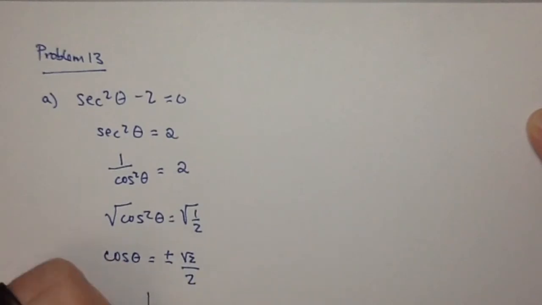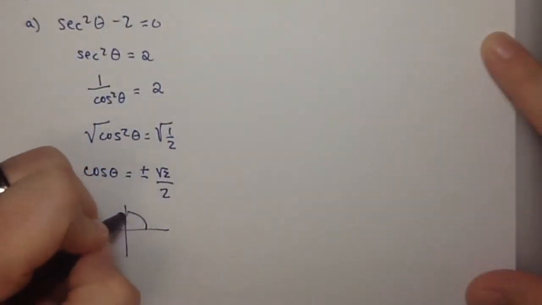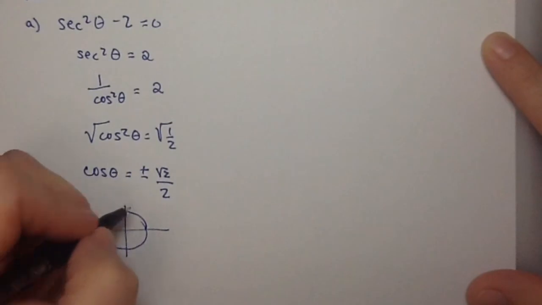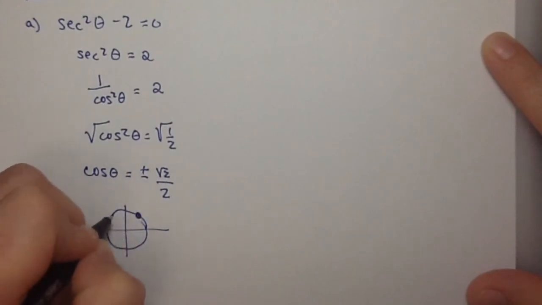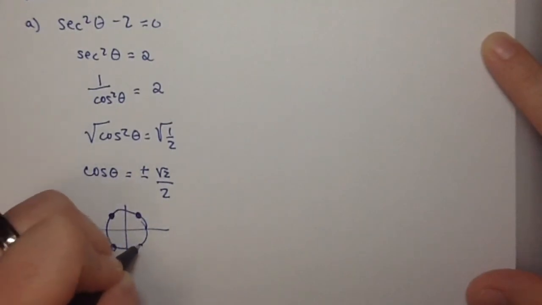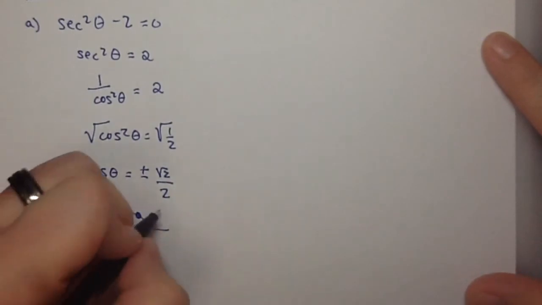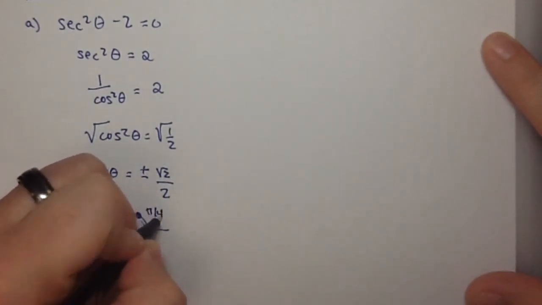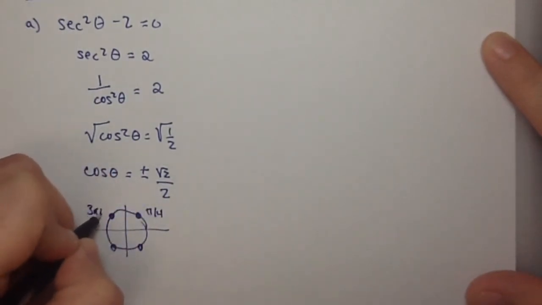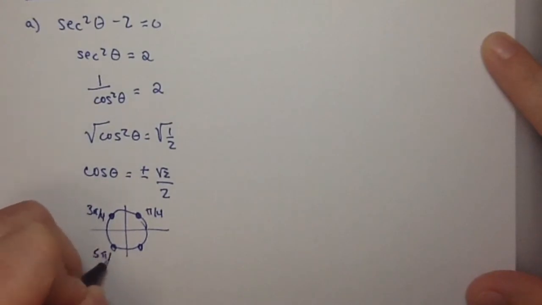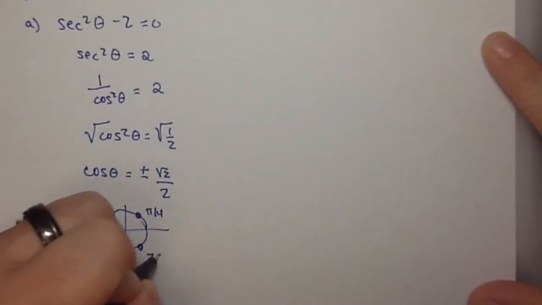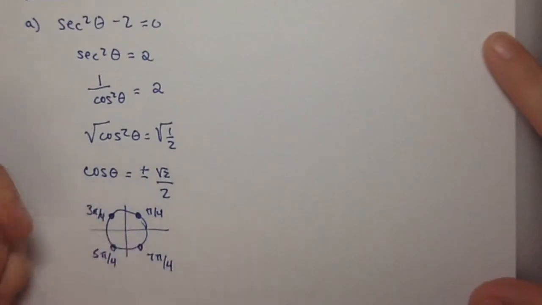Okay, so on the unit circle, where does that happen? Well, here, here, here, and here. So that's pi over 4, 3 pi over 4, 5 pi over 4, and 7 pi over 4.